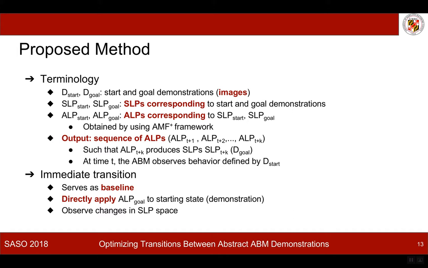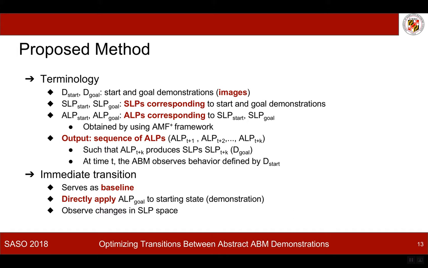The output will be a sequence of agent-level parameters. The goal is that by following these agent-level parameters at the given time steps, the swarm-level parameter will be achieved by time step t plus k. In order to define a baseline transition, we opted for an immediate transition.